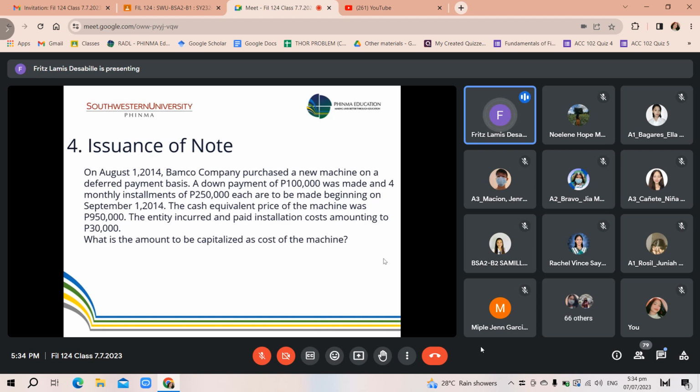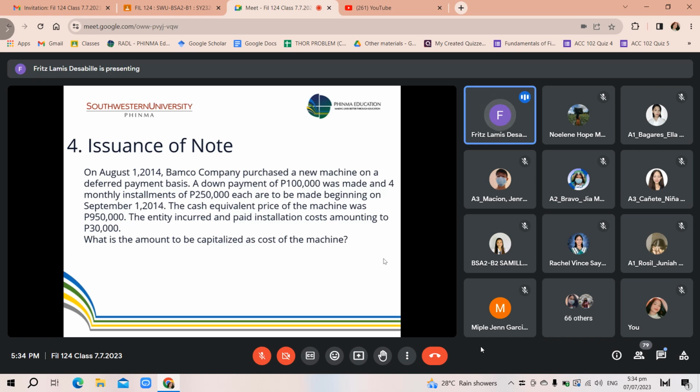Yes, we're okay with recording the PPE. That's simply the 950 cash price equivalent, plus the down payment. It is already the cash price equivalent. So cash price equivalent of 950.